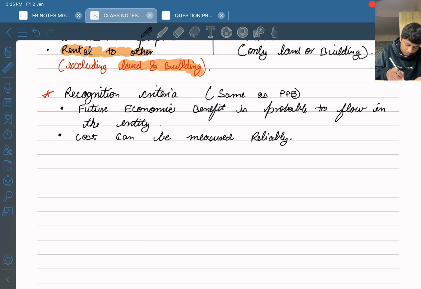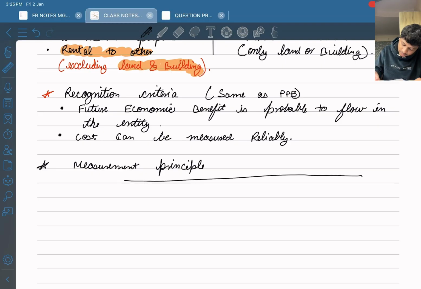Now, moving forward to measurement. Measurement principle: there are two types of measurement, right? One is initial measurement and one is subsequent measurement.